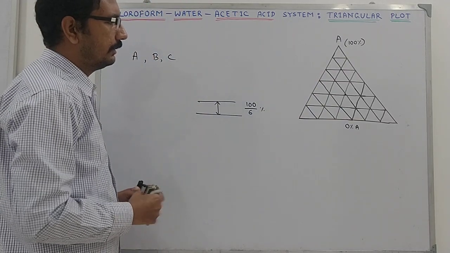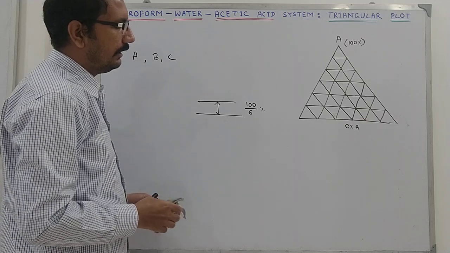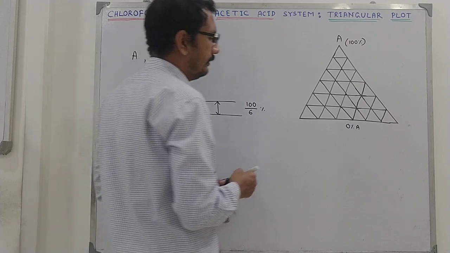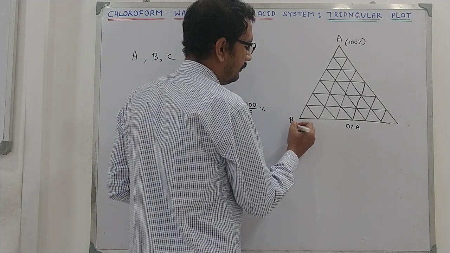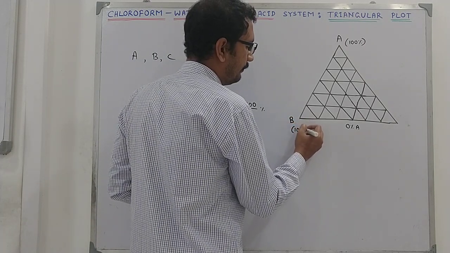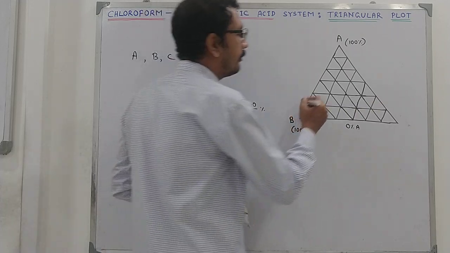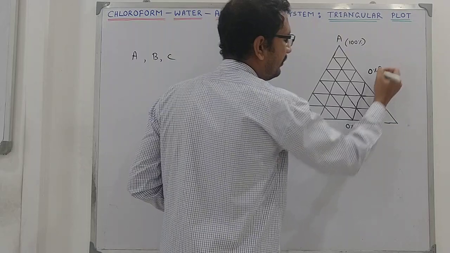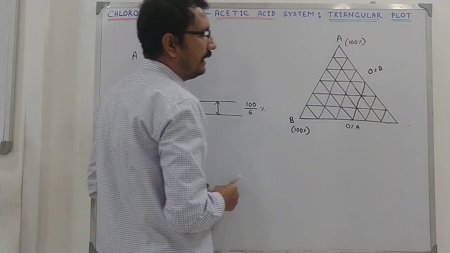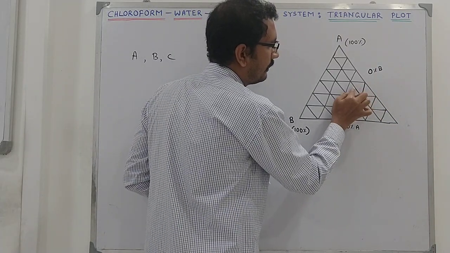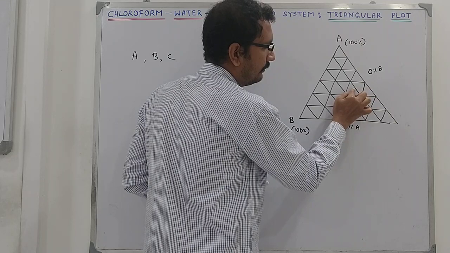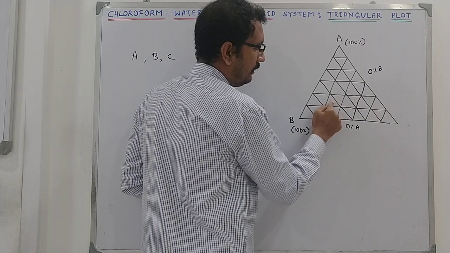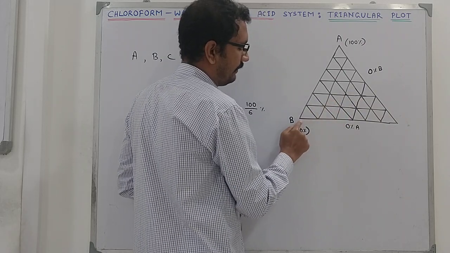Now take the other 2 apexes. It is B 100% and it is the corresponding baseline, this one. So it is 0% B here, and in a similar way it is 100 by 6% of B, it is 2 into 100 by 6% of B, it is 3 into, it is 4 into, it is 5 into and it is 6 into.